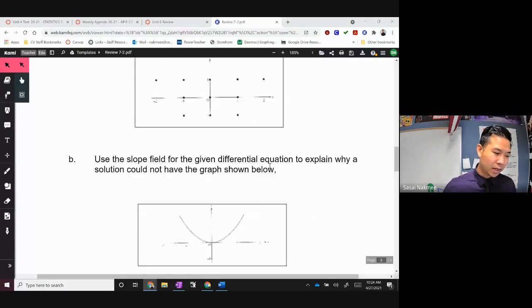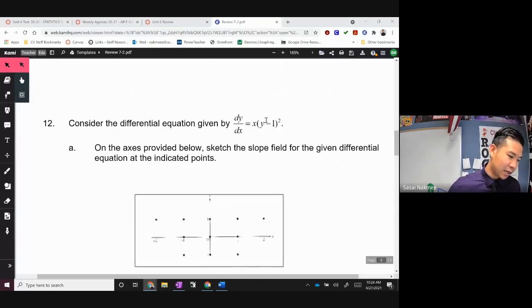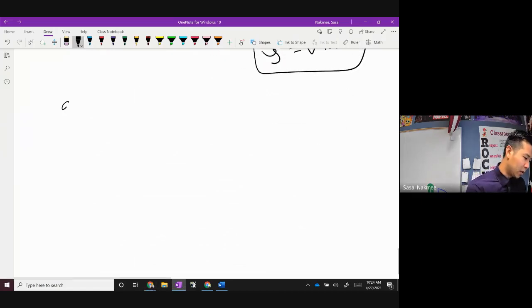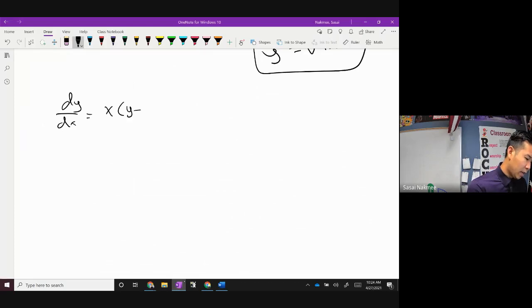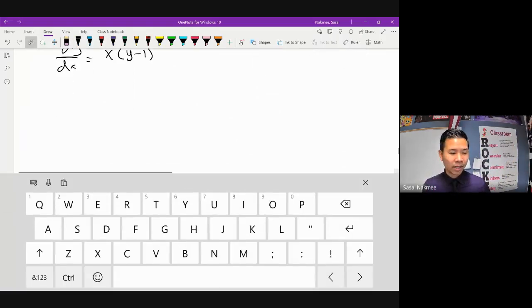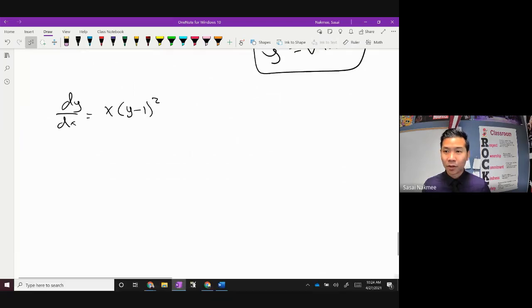I'm hoping. All right, if you want help starting this off, I would divide by y minus 1 squared to the other side. All right, you know what? I just realized you might need a tip for this one. x times y minus 1 squared. So you guys might need help separating this one. So like I said, that is the first point that you should be able to earn, right?